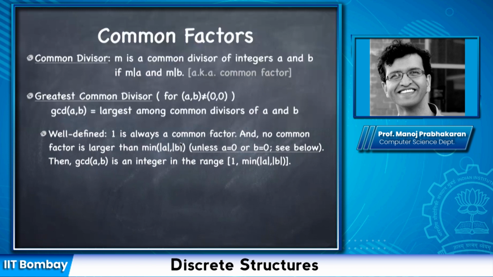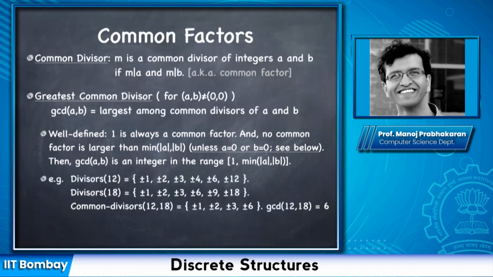Okay, there's one exception, of course, if one of them is 0, and we'll get to that in a second. But the point is that in any case, it's a finite and non-empty set, so it has the greatest element. So the set of common divisors of two numbers is finite and non-empty, so the GCD is well defined as long as both a and b are not 0.